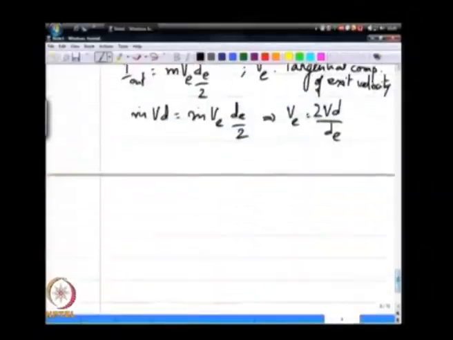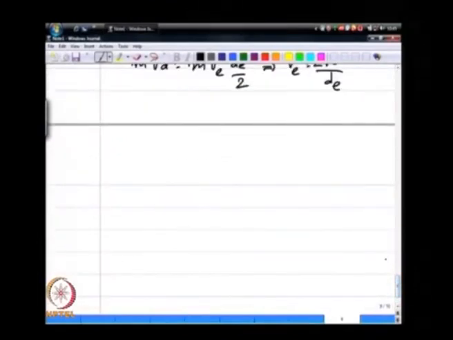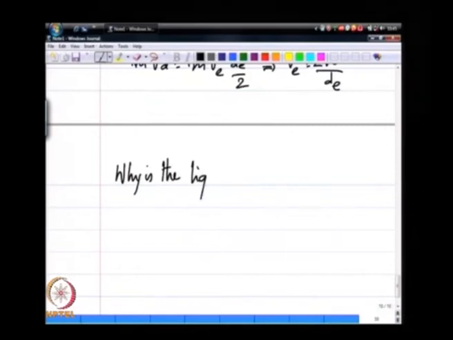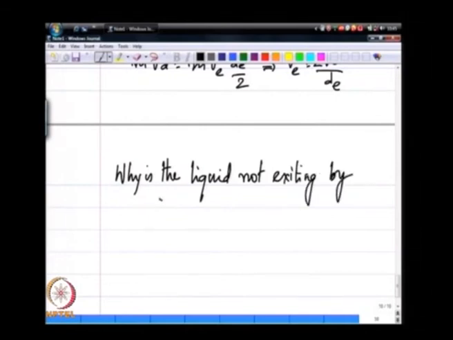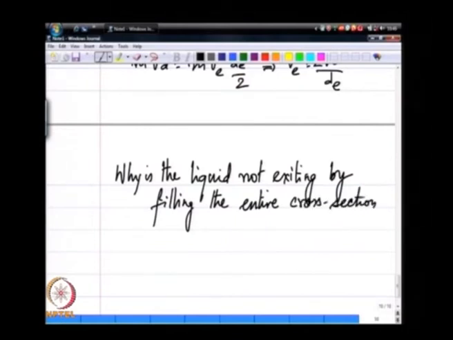So, in order to understand this, we will go back to our container rotating problem and see if we can make sense of it. So, we will go back to the solid body rotation.